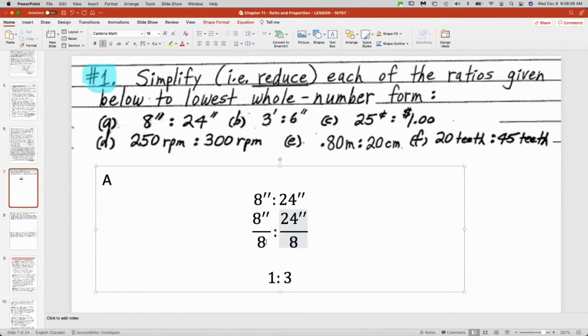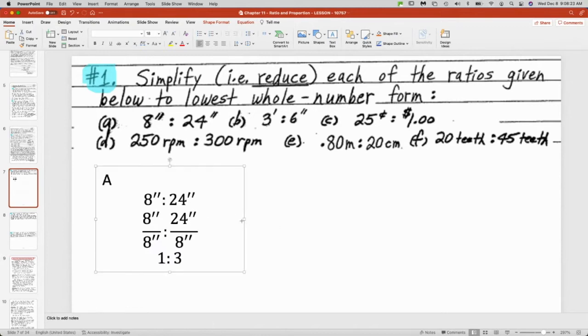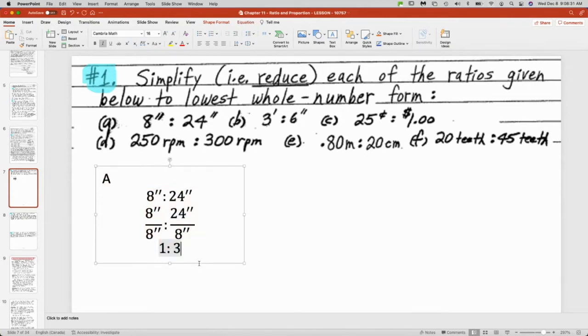The easiest way to do that is to divide both sides by 8 inches, because then the inches will cancel out as well. So that's the strategy. By dividing both sides of a ratio by the same quantity, you can reduce it, no different than when you deal with a fraction, which is why ratios and fractions are so similar in terms of strategy when you deal with them.